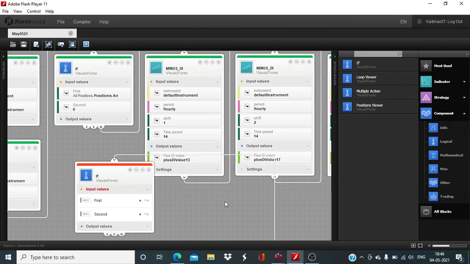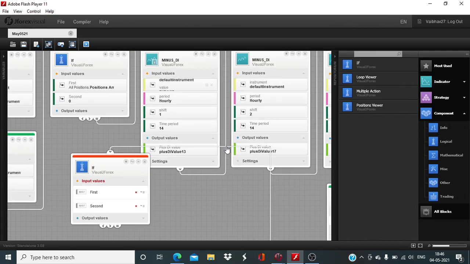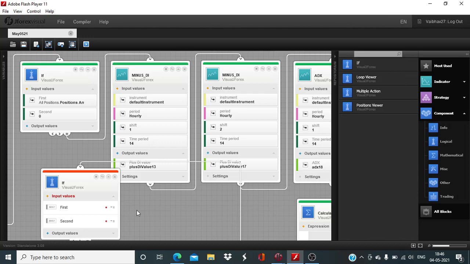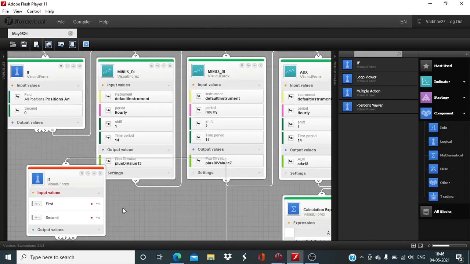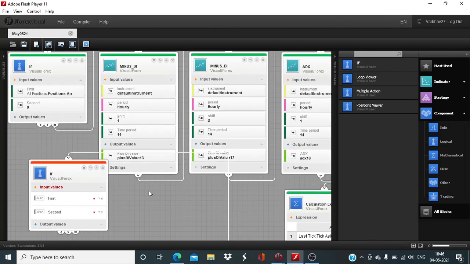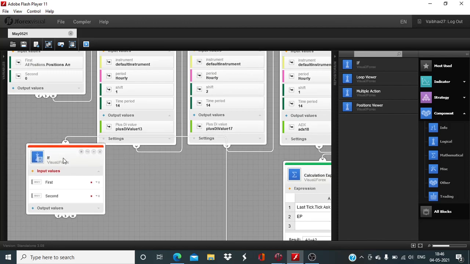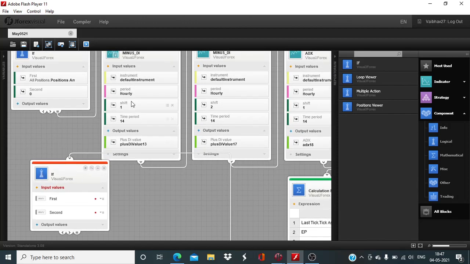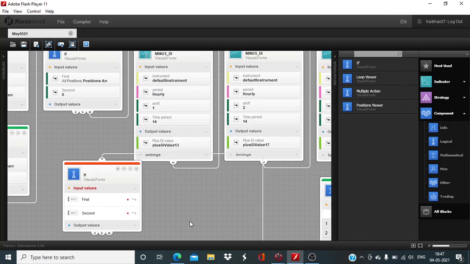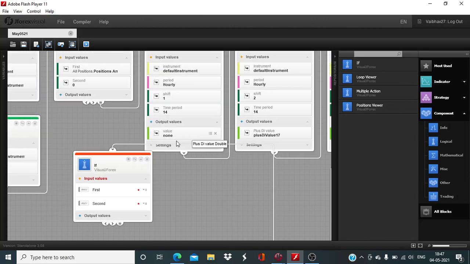And we want the output values for this indicator minus DI to be rising above 20 from below 20. So last hour's minus DI value should be above 20. So minus DI value 13 needs to be greater than 20.